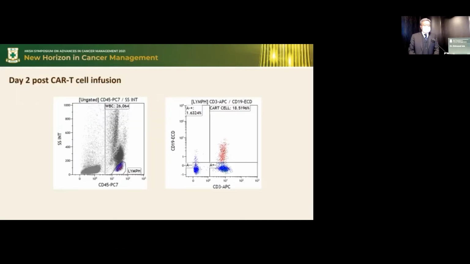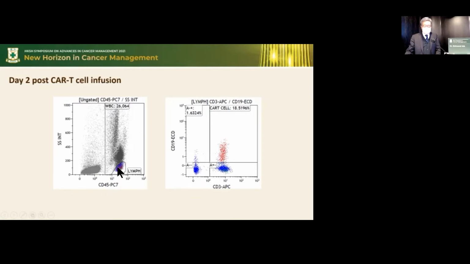Right, so this is a plot of a study of the peripheral blood of the patient day 2 post-infusion. So at that time, we still do not have the biotin reagent, so we rely on the CD19. On the left-hand side, the y-axis is the side scatter and the x-axis is CD45.